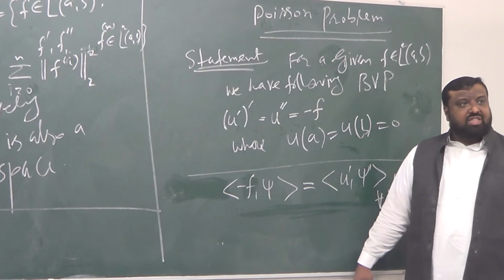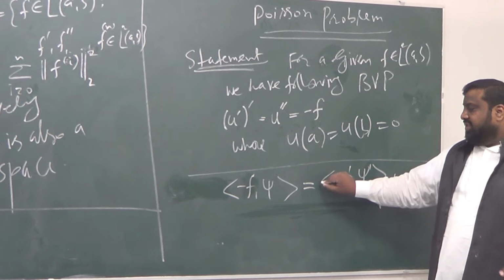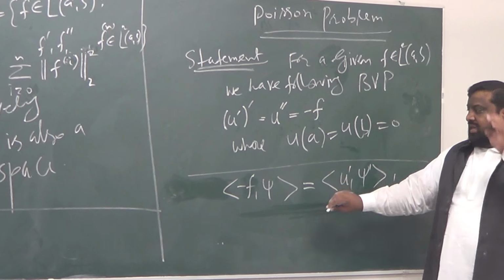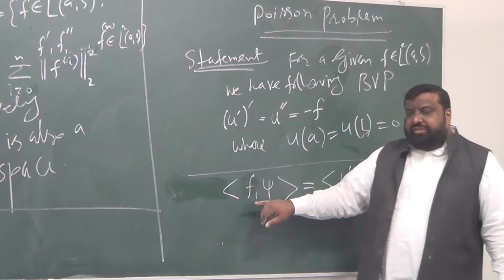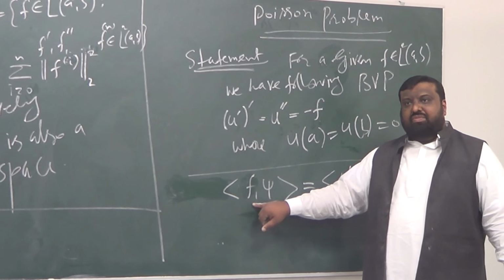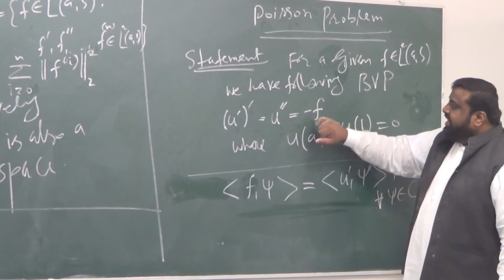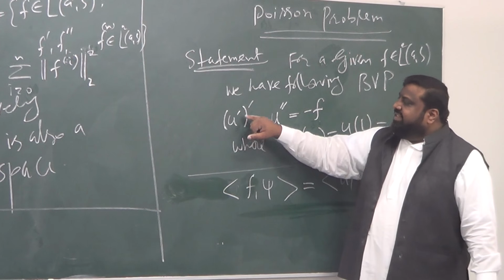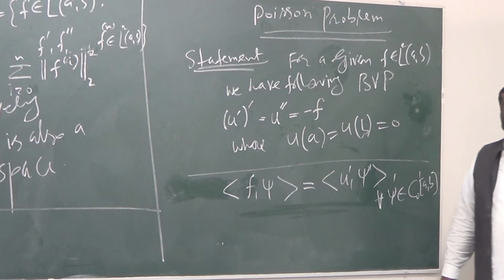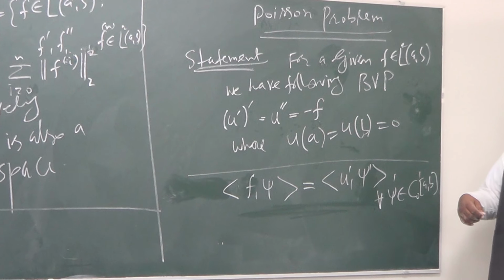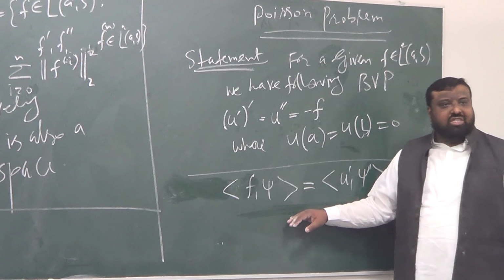We are going to have a minus here, so I can get rid of it from here. In other words, f is the weak derivative of the weak derivative, so it must satisfy this in the inner product. What we want to do is show the existence of such a u and also the uniqueness of such a u, that such a solution exists.